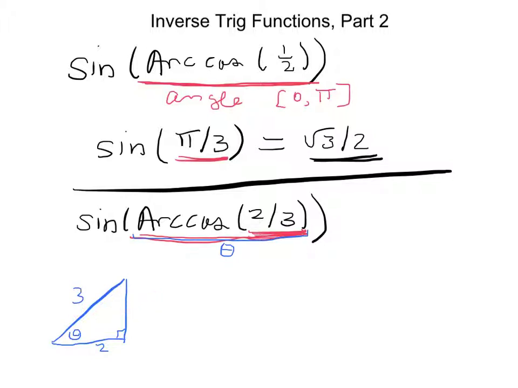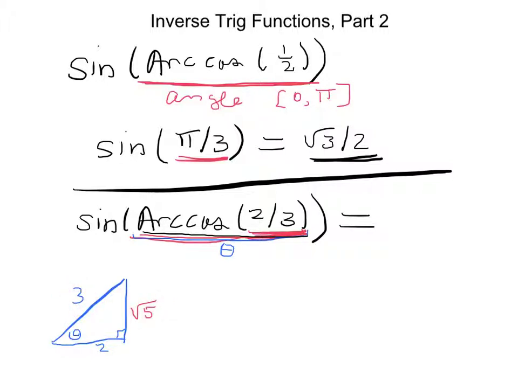So that's a simple application of the Pythagorean theorem, and we can find out that this side is the square root of 5. So therefore, the sine of arc cosine of 2/3, which is the sine of theta, we just look at our triangle, and sine is opposite over hypotenuse.